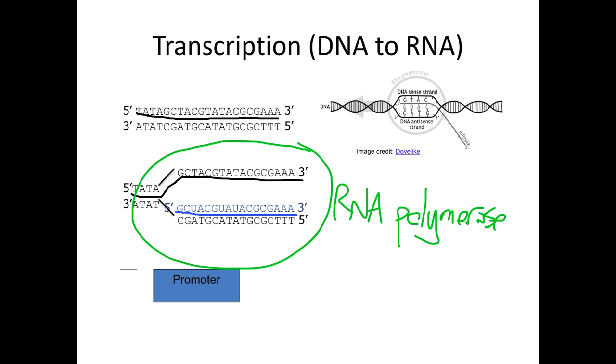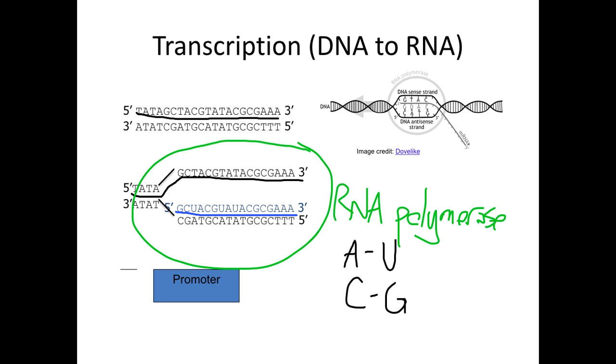The one big difference between DNA and RNA is now the pairing is A with U and C with G. U takes the place of T's in RNAs. It's just how RNA works.